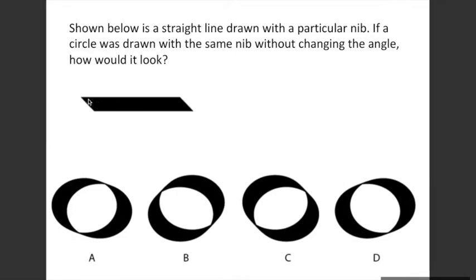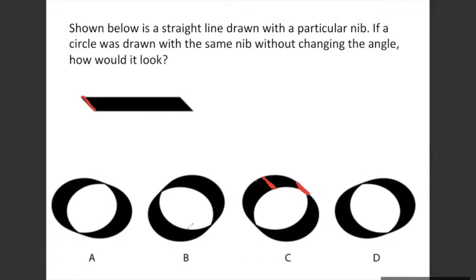Because this direction is almost 45 to 60 degrees, when you start, it starts with the thicker line if I go with C. Then when it arrives at this angle of 45, it becomes almost straight.